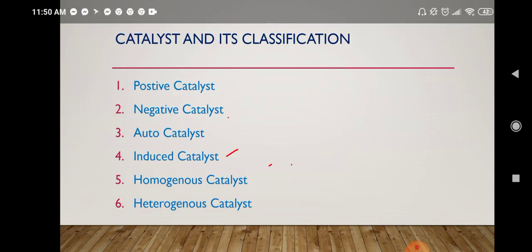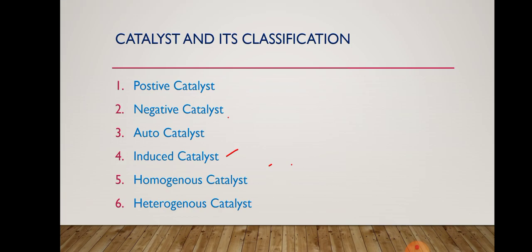Now I would like to discuss catalyst and its classification. Before knowing about the effect of catalyst on the reaction rate, at first you have to know what a catalyst is and its classification.